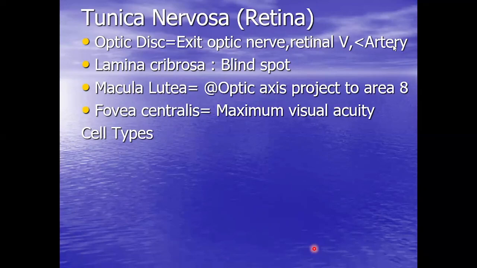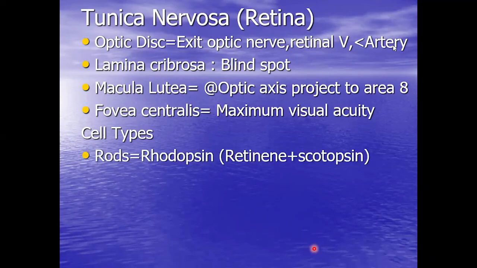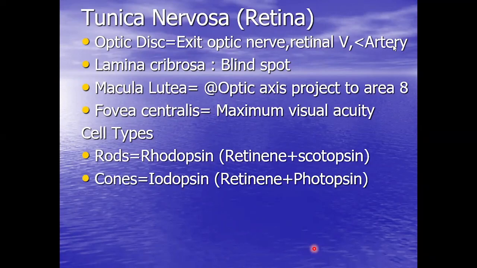The cell types in the retina, which we talked about, we have the rods and cones, which contain the photopigments. Rods contain retinene and scotopsin, that's rhodopsin, and then cones contain iodopsin, which is retinene and photopsin.